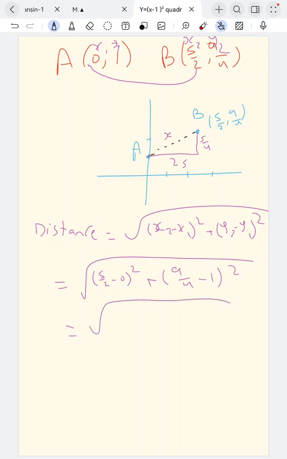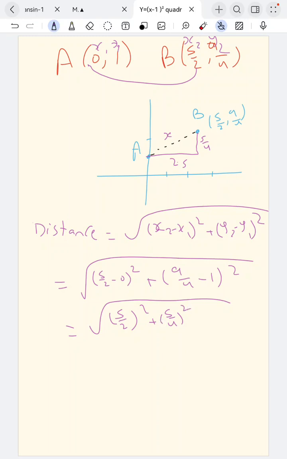So it will be 5/2 all squared, and 9/4 minus 1, which we just did now. It was 9 minus 4, which is 5/4, and 5/4 is squared.